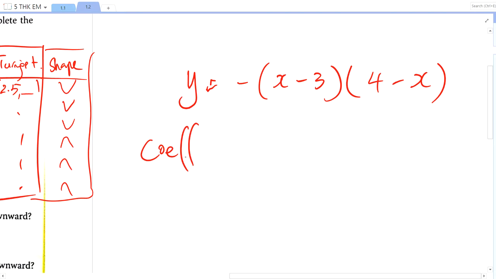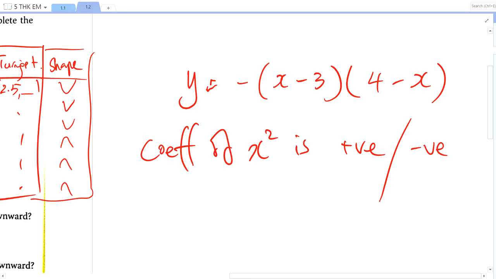Is the coefficient of x squared positive or negative? You answer this question, then you can tell me whether it is opening up or opening down. Don't need to expand everything. Just need to know what to multiply. So the coefficient of x squared, what is it? Positive or negative? Positive, sure.